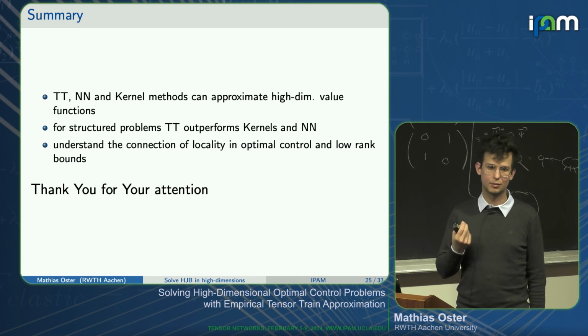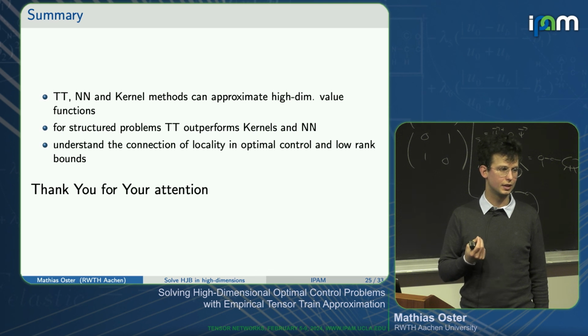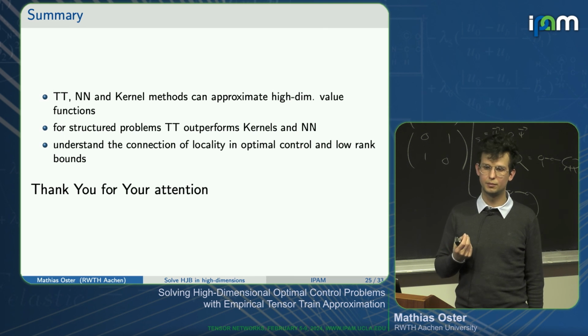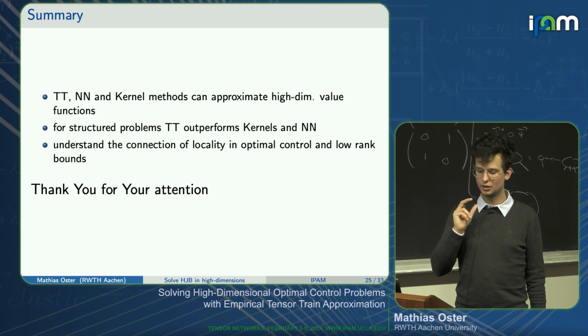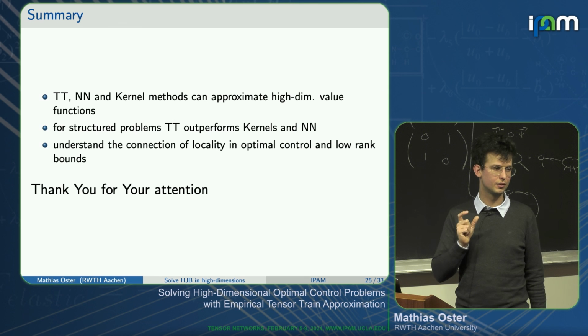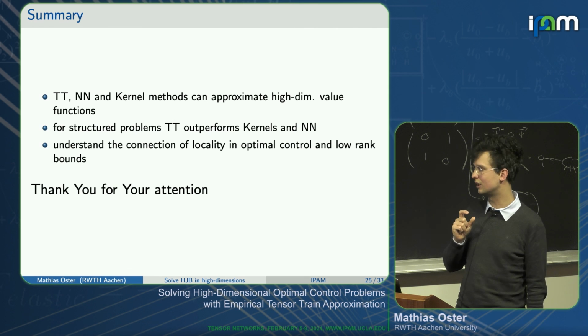And we think that there is some kind of structure in the problems that we looked at that is very beneficial for TTs. In our opinion, it is this kind of locality in the dynamical system, so that you have very small interaction, always between nearest neighbors. This somehow seems to be reflected in the performance of the TT.